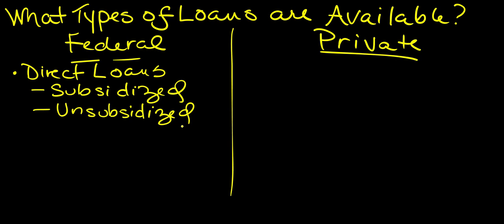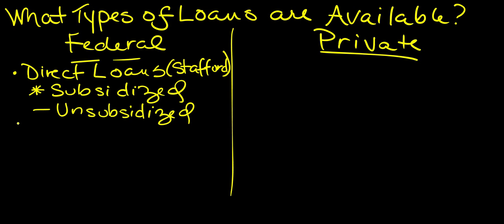So unsubsidized loans are available to any undergraduate or graduate student because remember the subsidized loans are the preferred ones because the government offsets some of the costs. So they're not open to everyone. But the amount of the unsubsidized loan is still determined by the cost of attendance at your school and any other aid that you're receiving. And sometimes we call these Stafford loans.